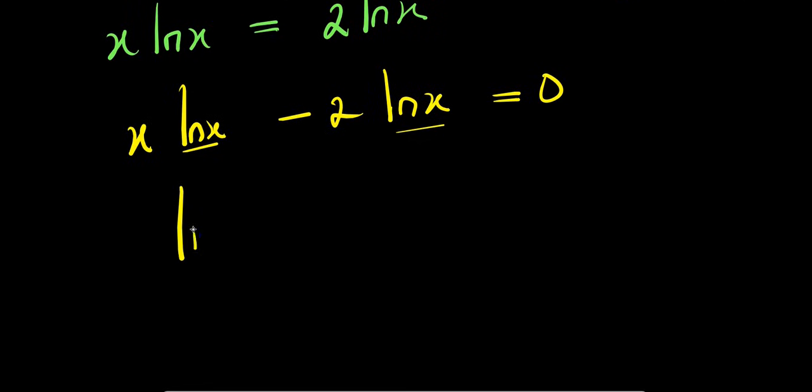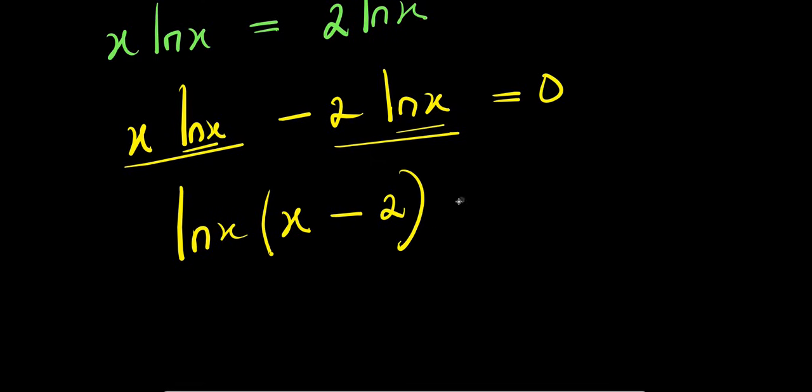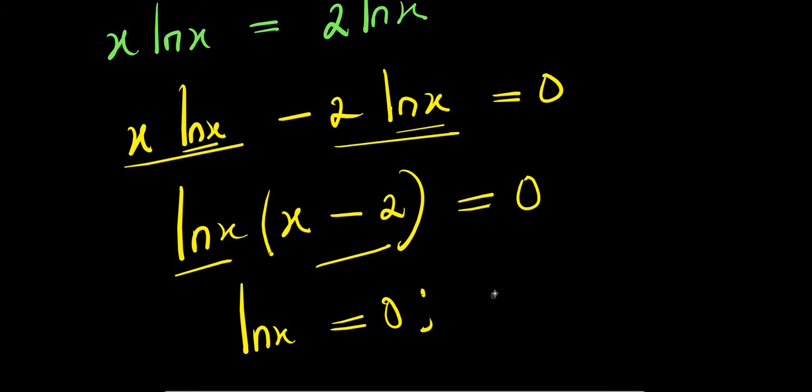I can factor that out. If I divide this by natural log x, I have x, and dividing this by natural log x, I have 2, minus 2 equals 0. So next step will be to equate each of these to 0. I have natural log x equals 0, and x minus 2 equals 0.